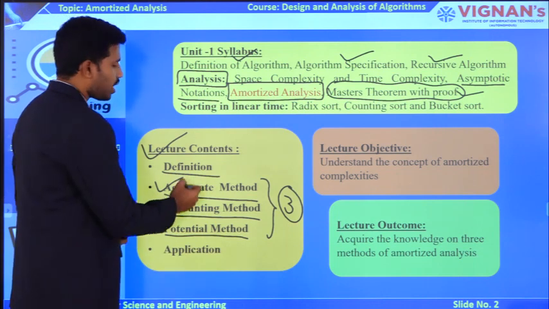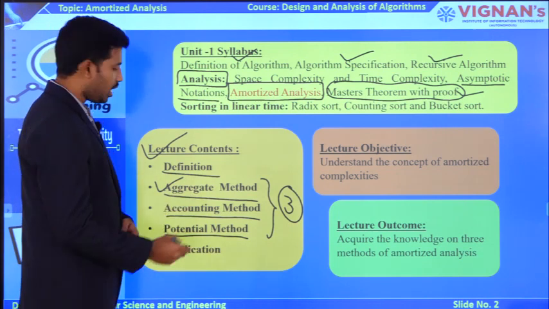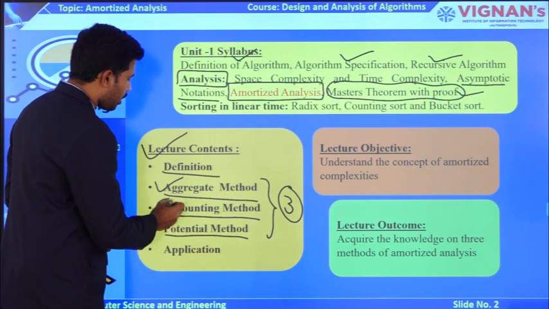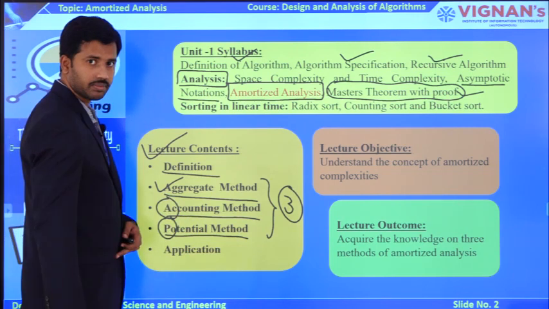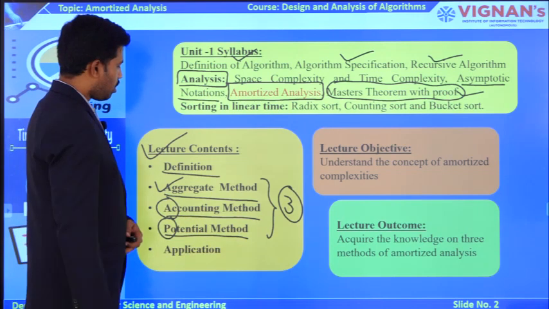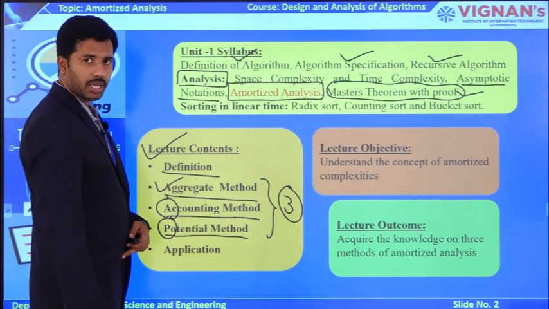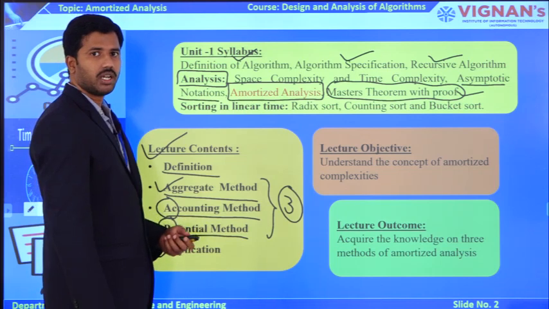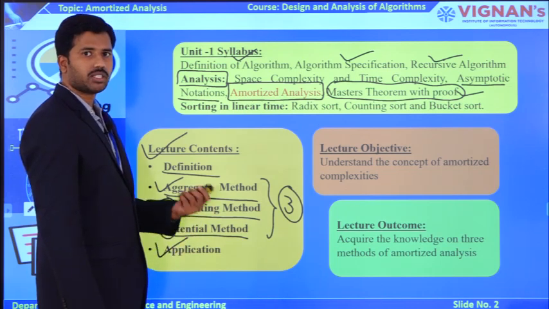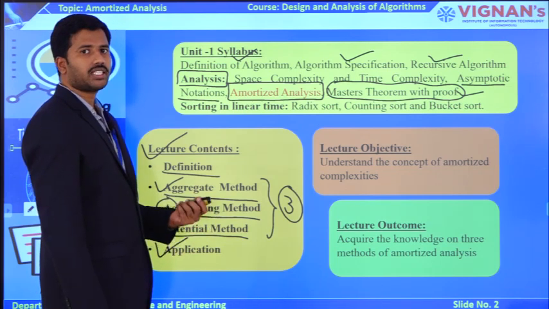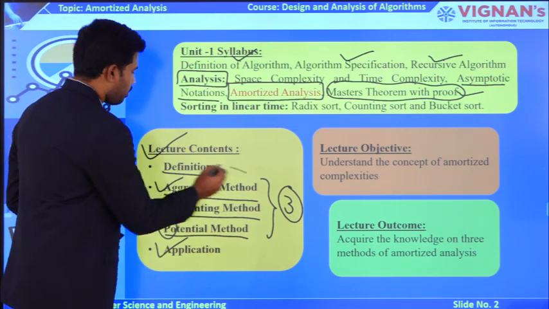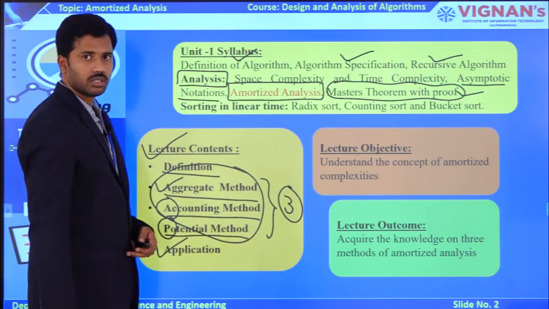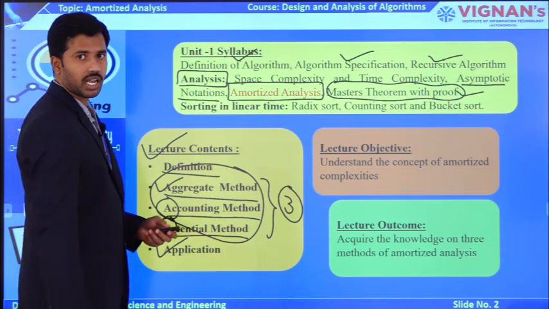If you understand the aggregate method, it is very easy to understand the accounting method as well as the potential method. After these 3 methods, we will discuss one example application, the maintenance contract. With the help of that example, you will understand how these 3 methods work to get the amortized analysis.